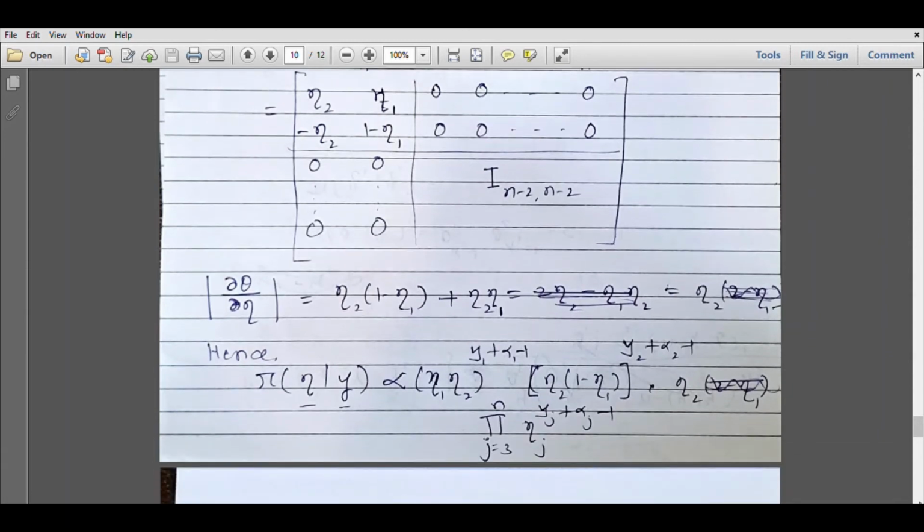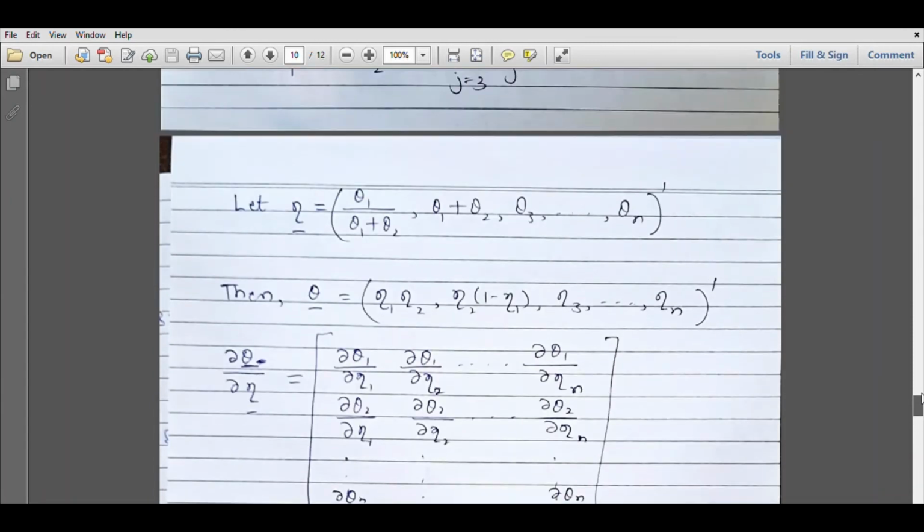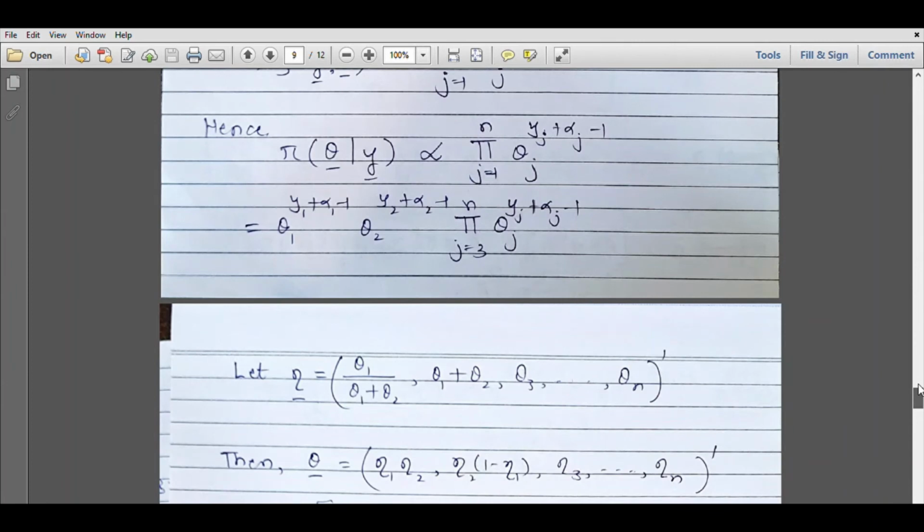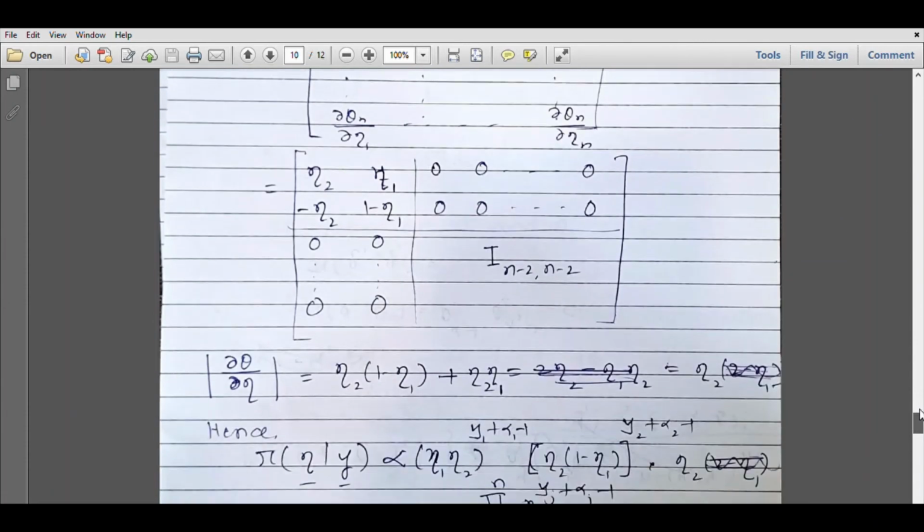So if we keep all this back, what do we get? We get the posterior distribution of eta given y. Here in the posterior distribution of theta, theta 1 will have to be replaced by the appropriate function of etas, that is, theta 1 will have to be replaced by eta 1 into eta 2, theta 2 will have to be replaced by eta 2 into 1 minus eta 1, and so on.